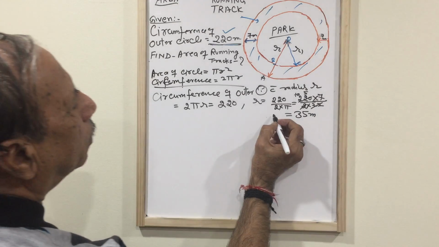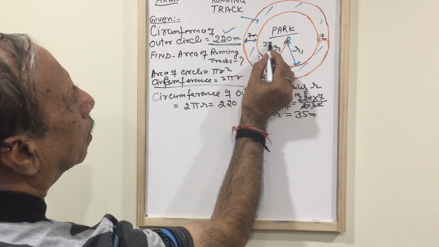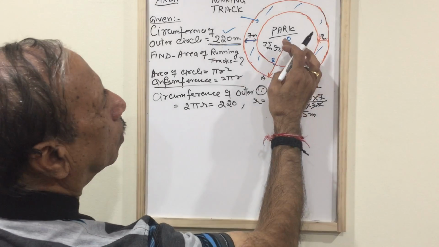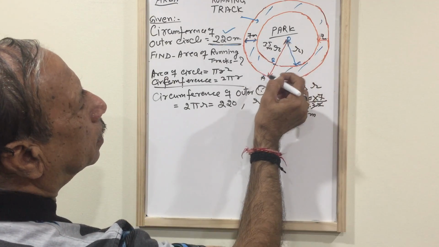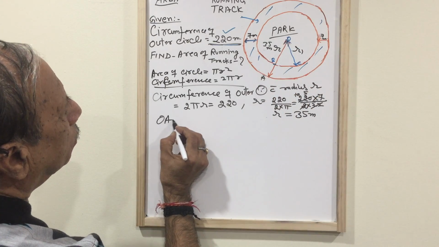So we know the value of r is now 35 meters. We know OA, that is the radius of the outer circle, is 35 meters. OA is equal to 35 meter.